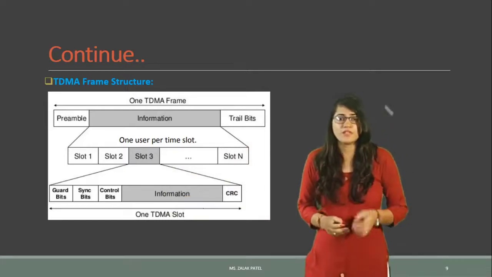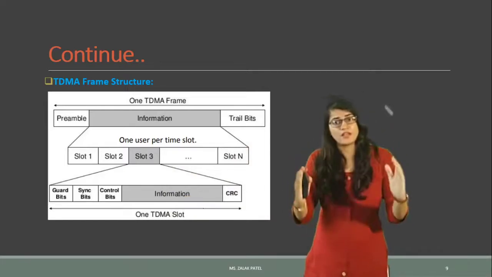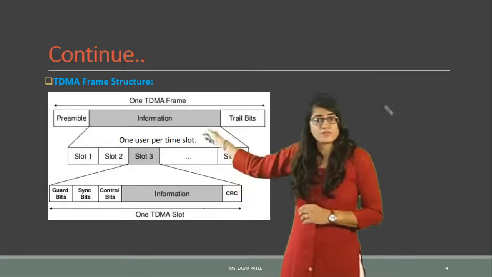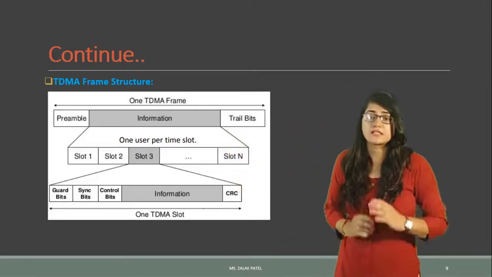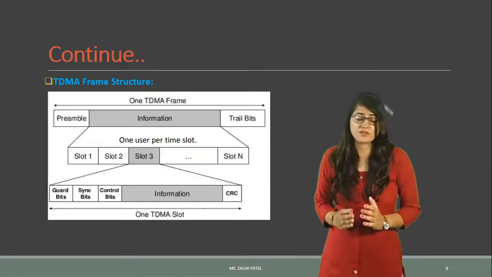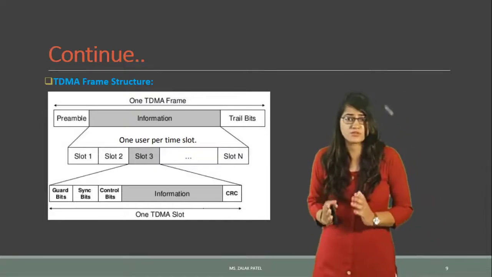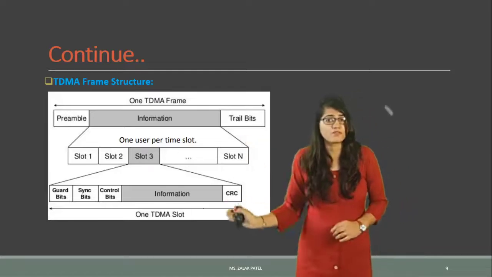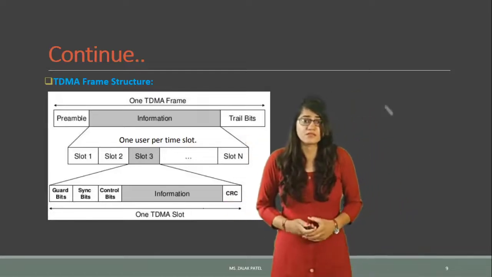So for the frame, the structure will be the preamble, then information bits, and lastly the trail bits. This is the complete TDMA frame structure, and by using it data is transmitted, so in the case of TDMA, the synchronization is a must.